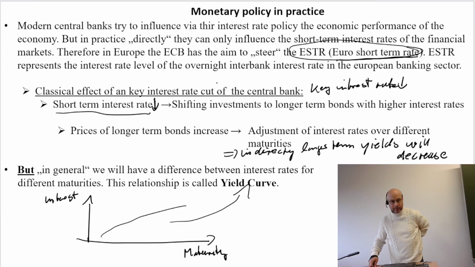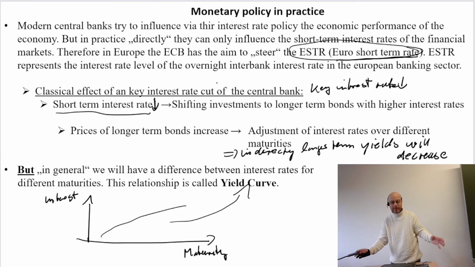And then quite often in an economy, we talk about the interest rate in a country. But the interest rate we don't have because, of course, we have different bonds with different maturities, and so in general we have different interest rates.